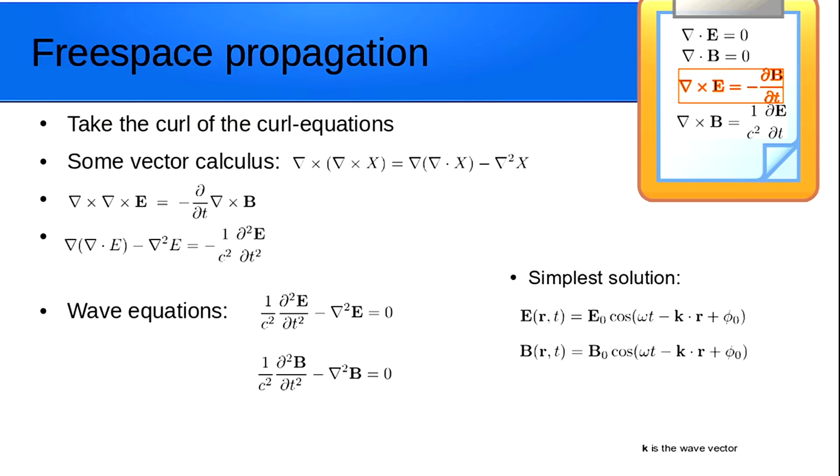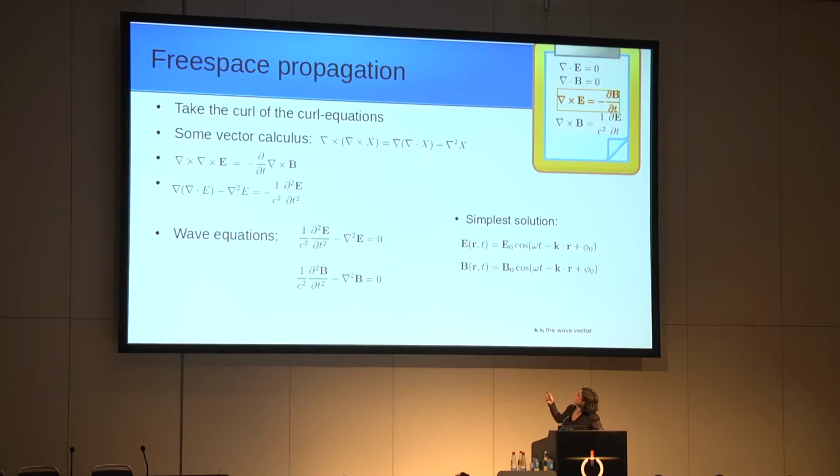So the curl of the curl of a vector equals the gradient of the divergence of the vector minus the square gradient of this vector. Then we come to this equation here. Here our divergence, we see this up there, equals 0, so all this stuff equals 0.